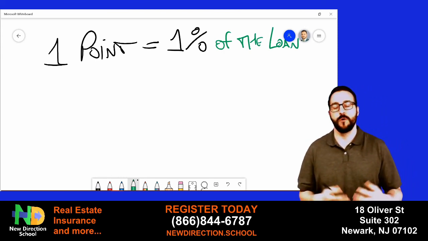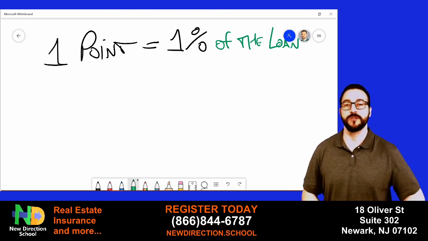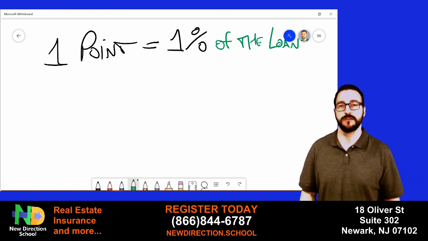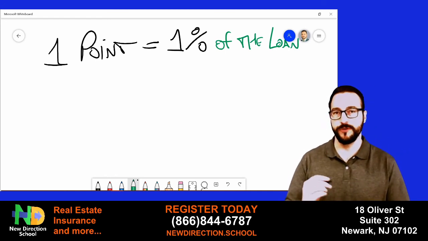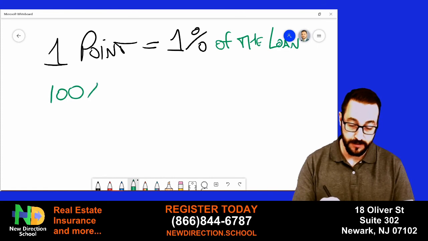Now, when we purchase something, we don't purchase at 100%. They require something called down payment. And the loan is the difference between your down payment and whatever you're purchasing. So it's very important you understand this difference, right? We have 100% purchase price.